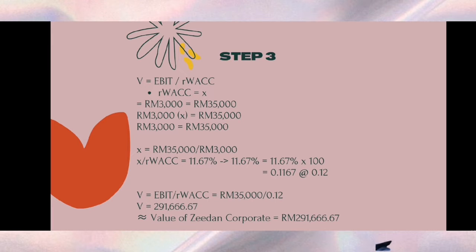After we got that number, we use the formula V equal to EBIT divided by RWACC, which is 35,000 and 0.12.